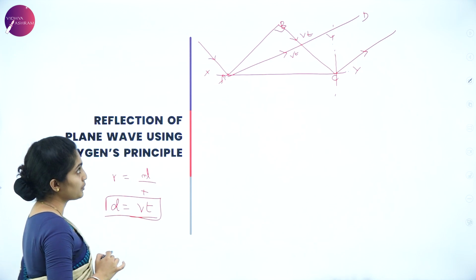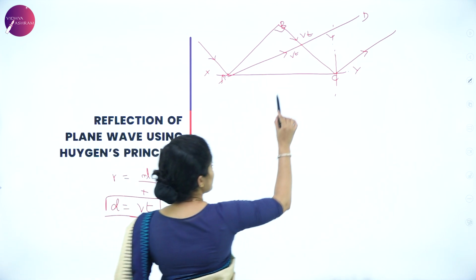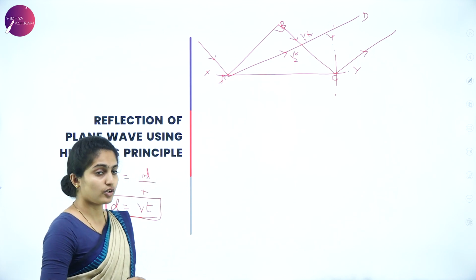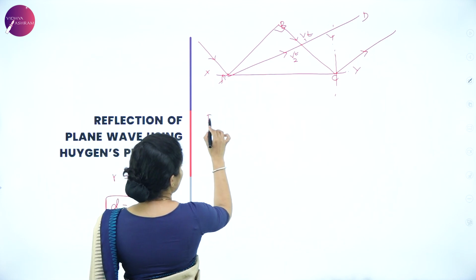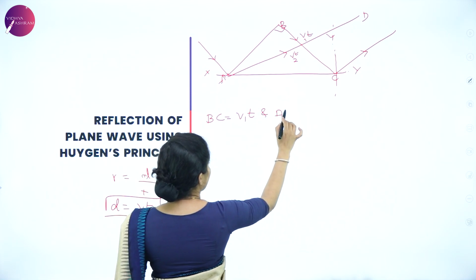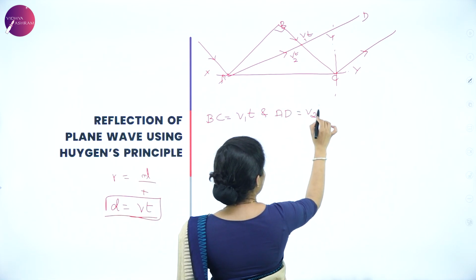So this is the concept. For BC, if we consider V1 t, we can consider V2 t for AD. So we know that BC is equal to V1 t and AD is also equal to V2 t.